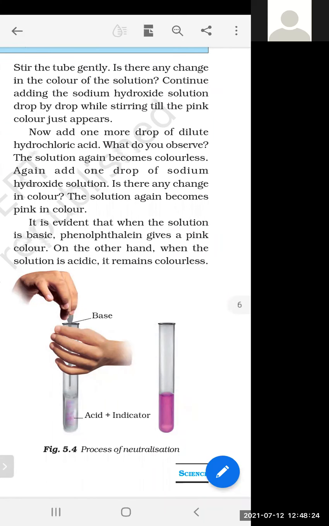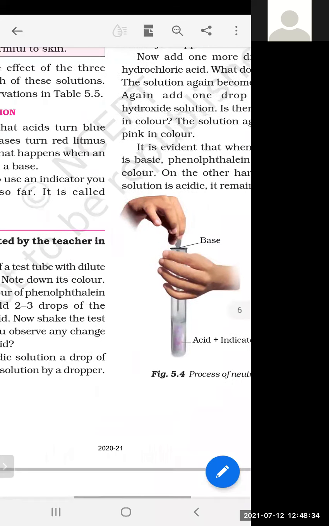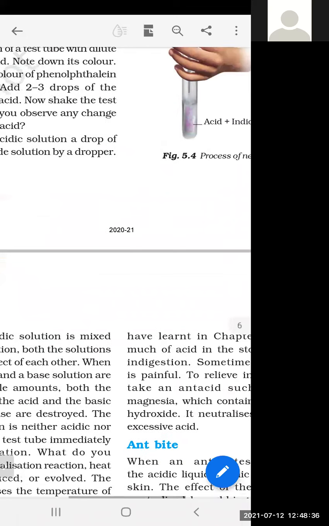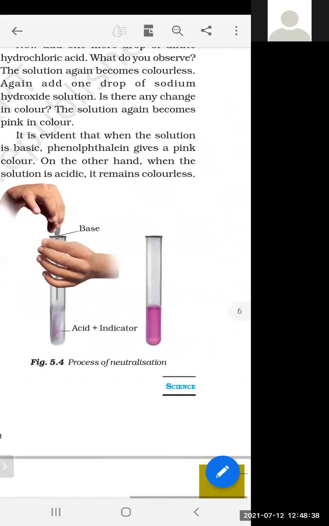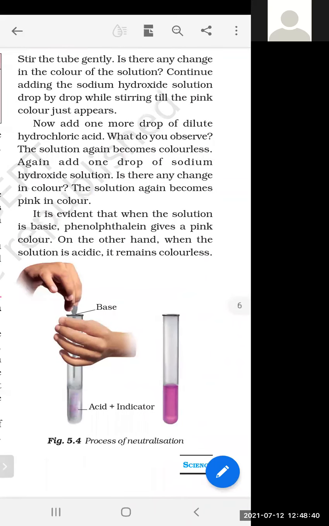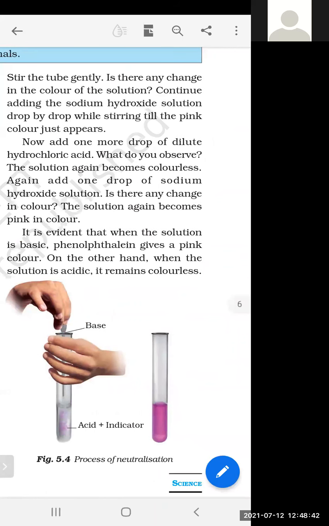Now we add some more drops of hydrochloric acid in the same test tube. The color will disappear, it again becomes colorless. Again we add a few drops of sodium hydroxide solution, meaning basic solution.